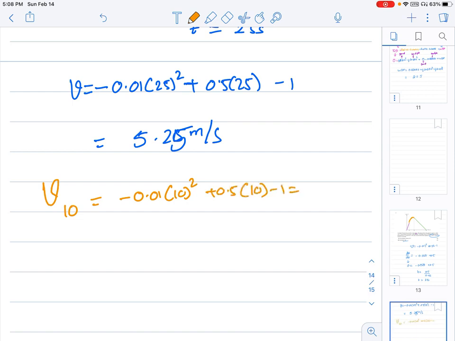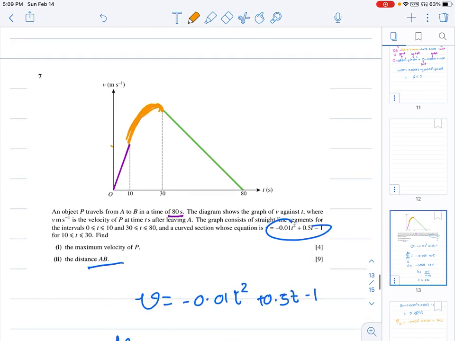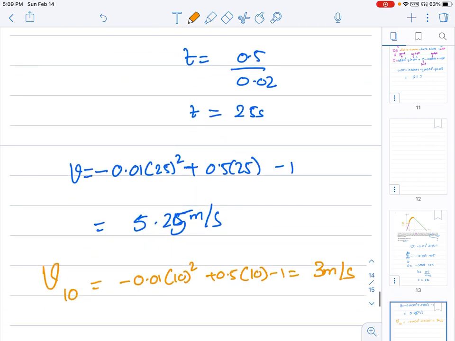So what happens? How much is that? Let me pull up the calculator and plug in. Taking the calculator, I get the value as 3 meters per second. So velocity at 10 is 3, so this height is 3. Similarly, I find velocity at 30 seconds.